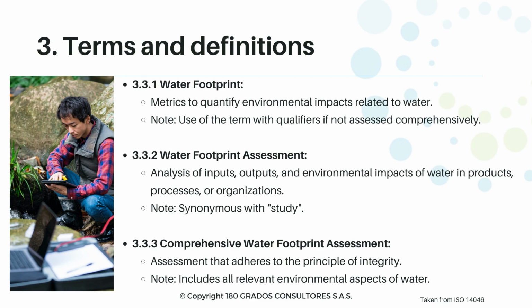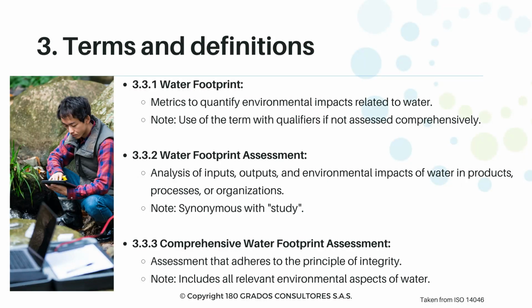Okay, so let's continue with other core concepts of this standard that are essential to understand, definitions related to water footprint. Let's start with the definition of water footprint. Water footprint is defined as the metric or metrics used to quantify environmental impacts associated with water.